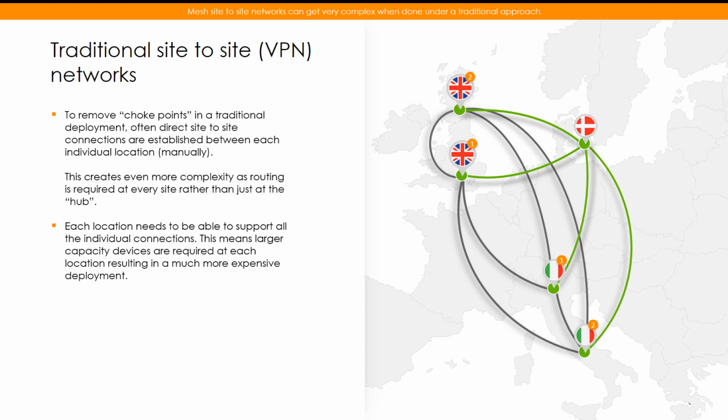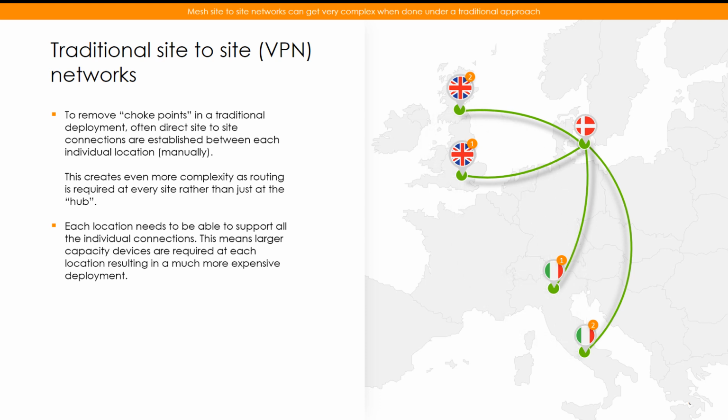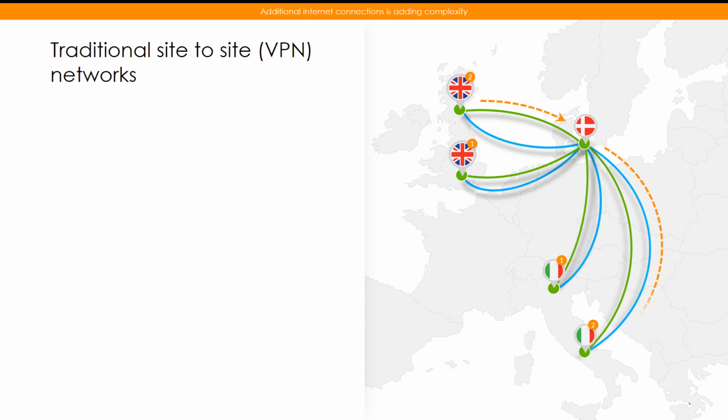This becomes incredibly complex, especially if you are scaling out. It's not so bad for 2 or 3 sites, but even that becomes quite complicated and becomes a lot of routes. Essentially every single point needs to know where every single point is and how to get there.